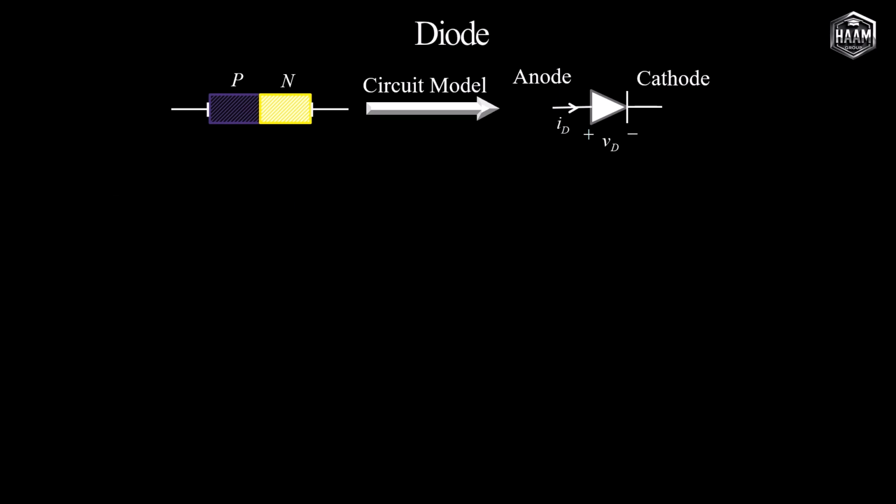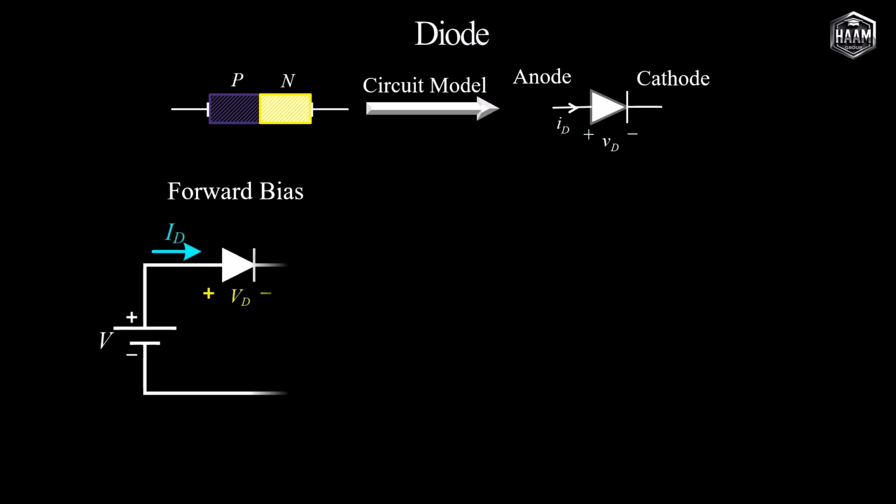Now, if we wish to examine the current voltage characteristics of the diode under forward bias, we may consider a circuit in which a DC battery V places the diode in forward bias, allowing a resulting current to flow through it.